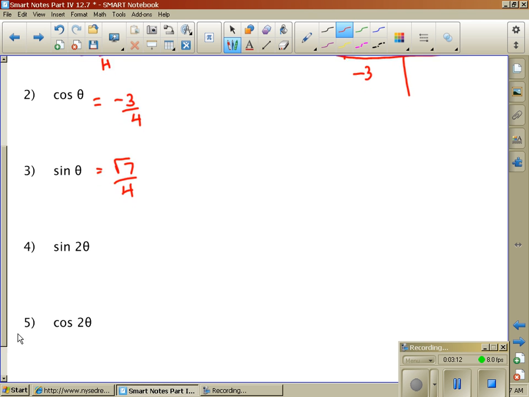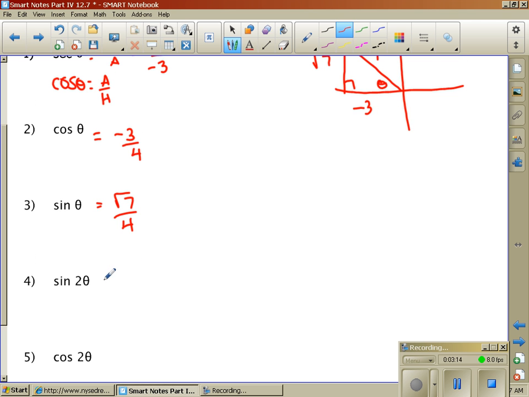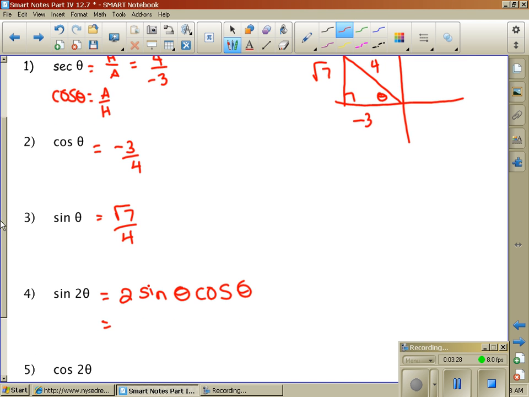Sine of 2 theta. Sine of 2 theta equals, go to your formula, 2 sine theta cosine theta. So you can look, we already did most of this right here, or just go back to your triangle. Sine is opposite over hypotenuse. Cosine is adjacent over hypotenuse.